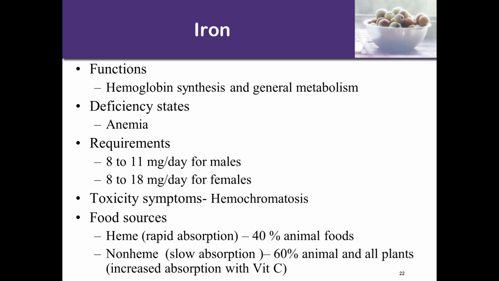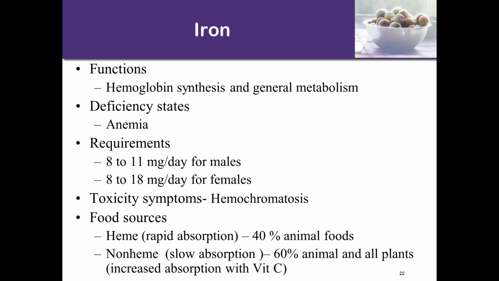And the food sources from where you get the iron: heme is rapid absorption, 40% animal food, and non-heme is slow absorption, that is 60% animal and all plants, 60% animal and all plants having the iron.